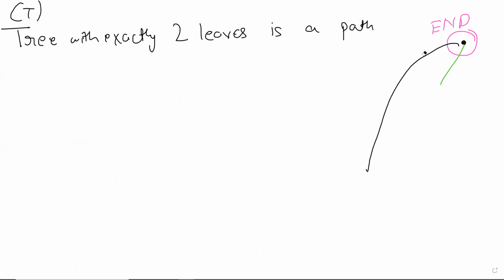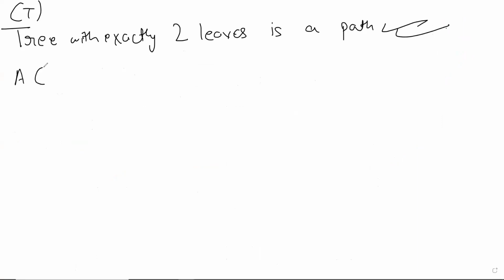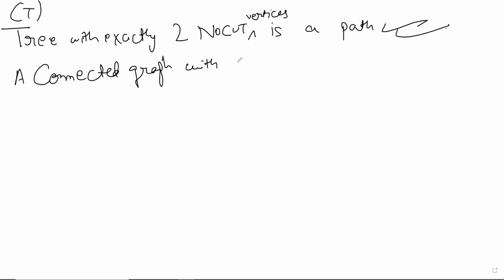This is done. But now you can feel that a connected graph with two no-cut vertices is a path.